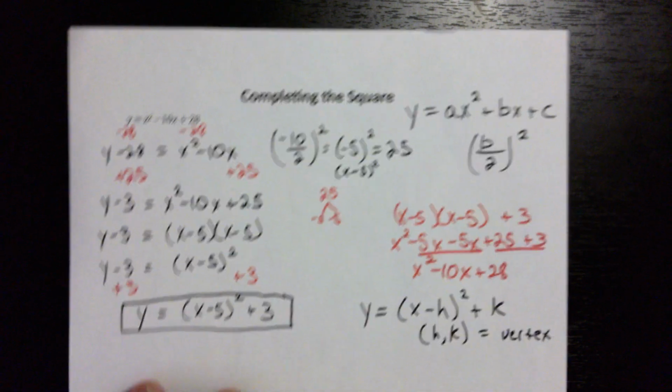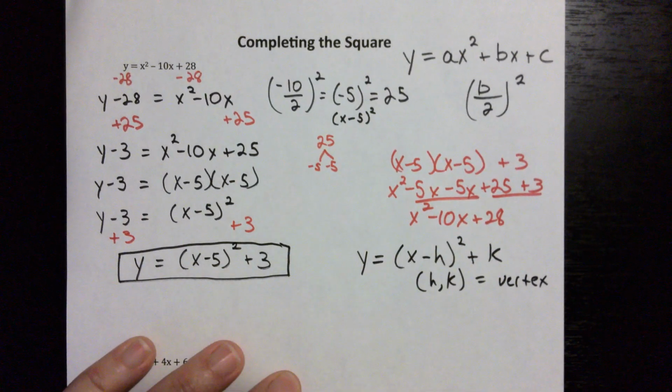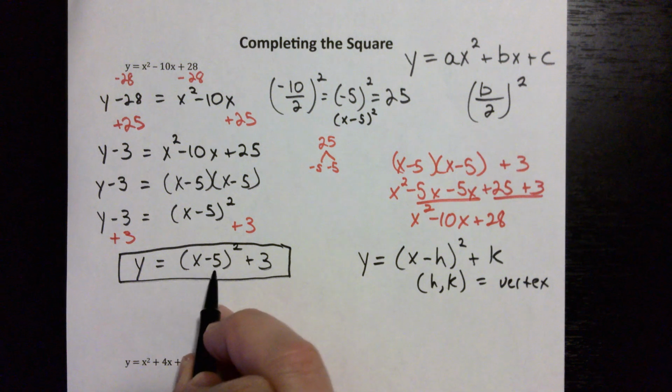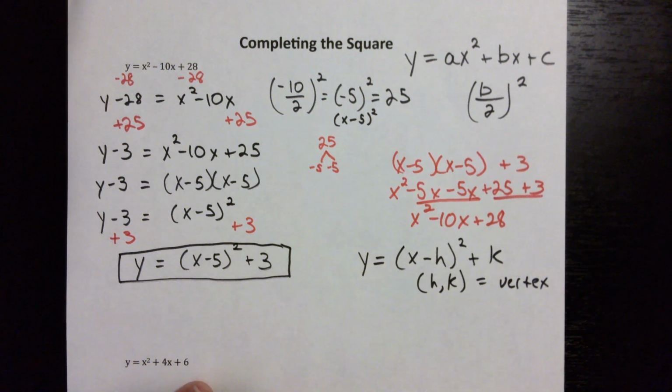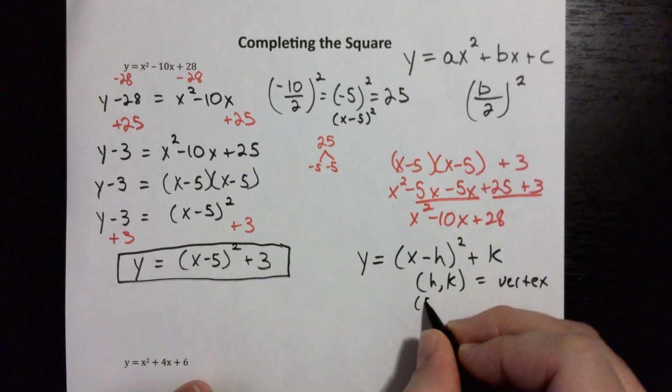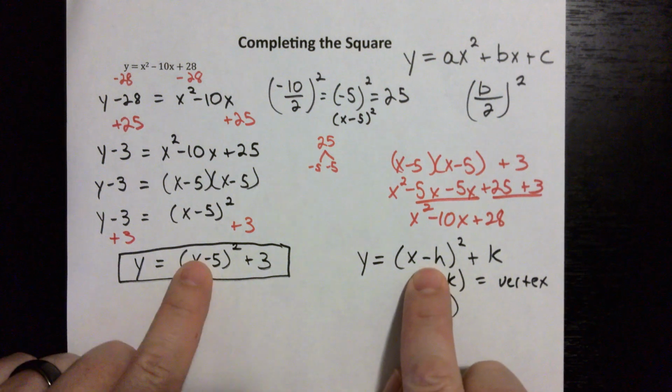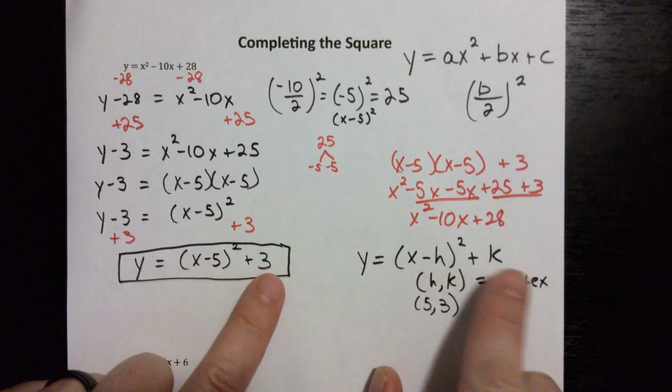If you get it into this form, which is called vertex form, then you will know what your vertex is. If this is a minus sign, then it's just this number and this number. If this is a plus sign, you've got to change the sign. So we get 5 comma 3 because the minus sign was already in the equation. So it's just the 5 part and the 3 part.